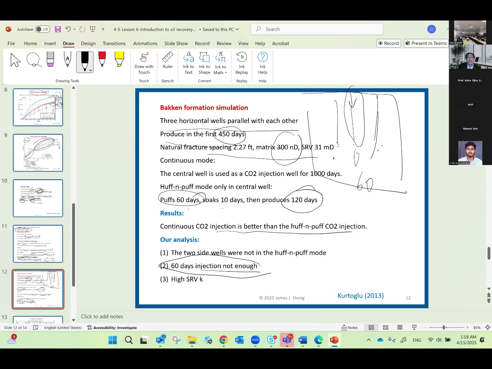First, in some cases, Huff-n-Puff should not be used in high permeability reservoirs. Second, when you use Huff-n-Puff gas injection, you need to inject enough gas, which I had a patent for. I will not go into more details, I do not have time. That's kind of too advanced a topic. Okay.